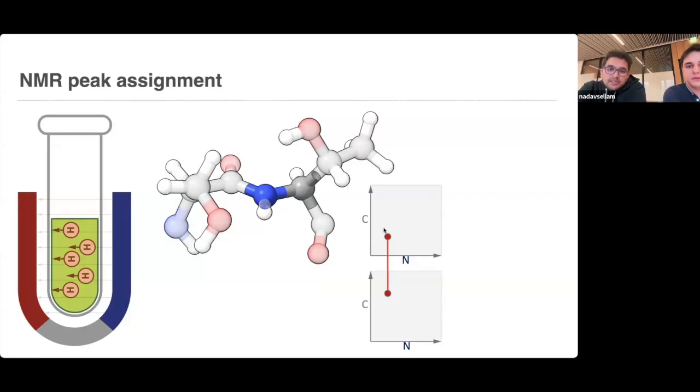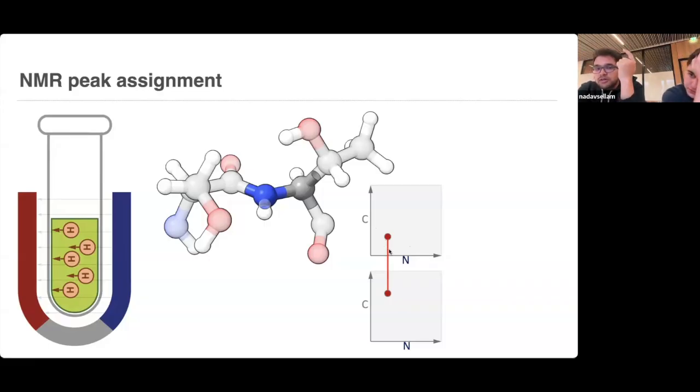For example, this can be denoted as a cross peak. Essentially, the fact that you see a red dot here means that you co-sensed the fact that this carbon, when it has a chemical shift of a certain ppm, this nitrogen also emitted a chemical shift of different ppm.